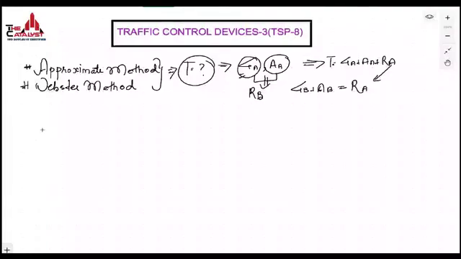In this question, they are saying that we have two roads, road A and road B. Just draw the figure. You will understand from the figure only. We have two different roads. One is road A, another is road B. We will draw it here.